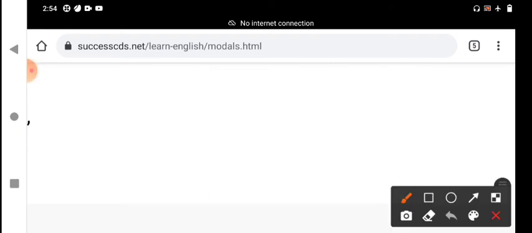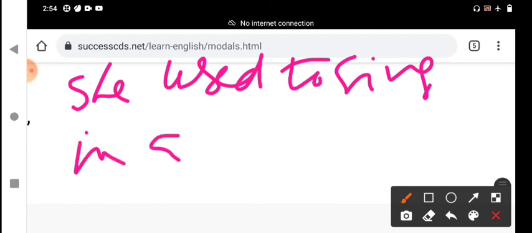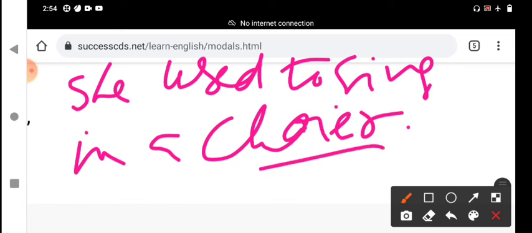One simple example I will explain and conclude my class. For example, she used to sing in a choir. Choir, spelled C-H-O-I-R. What is the meaning?